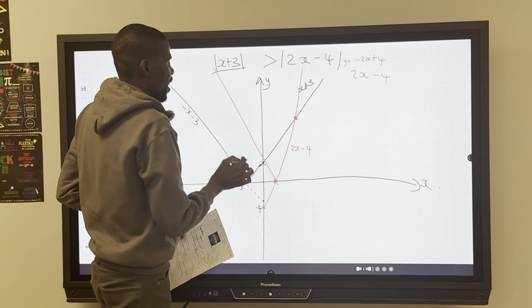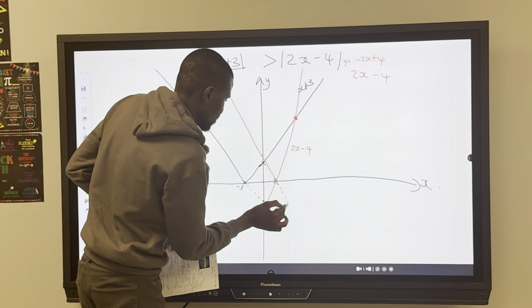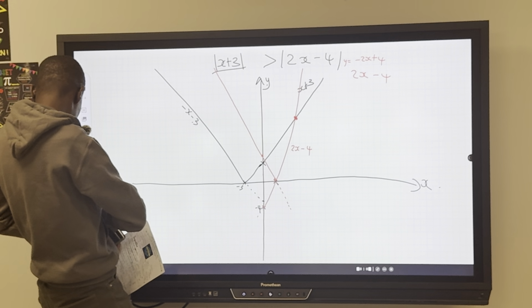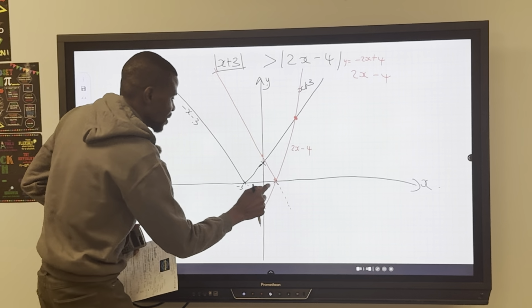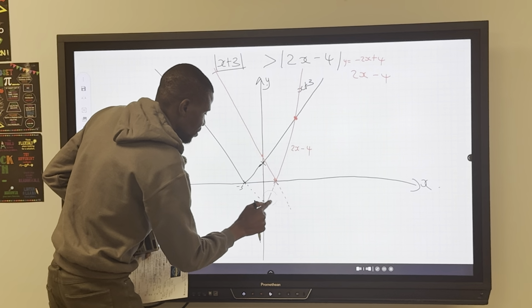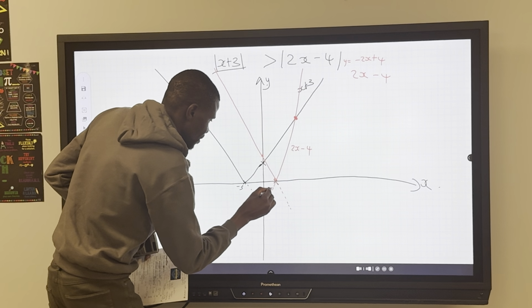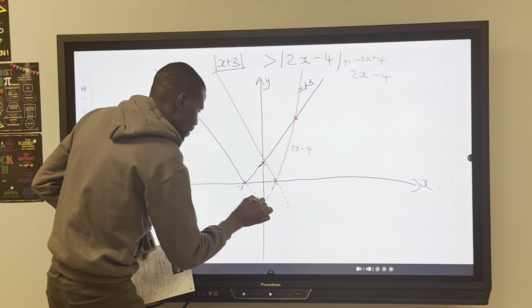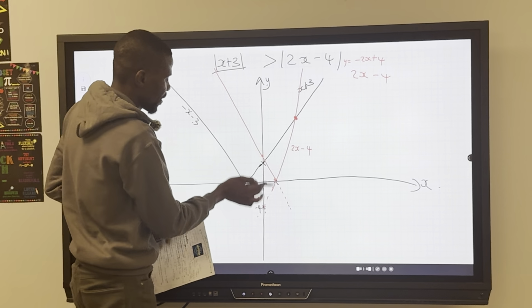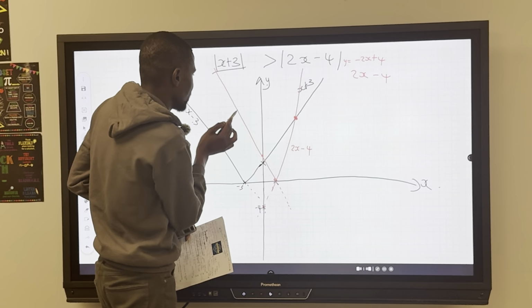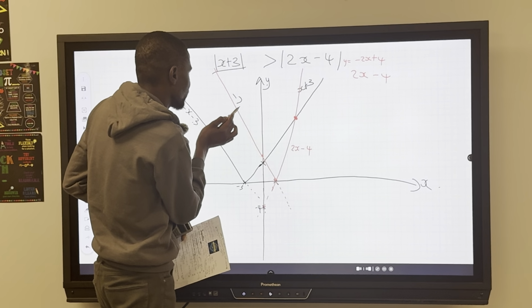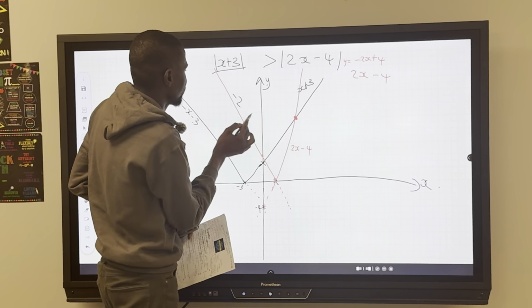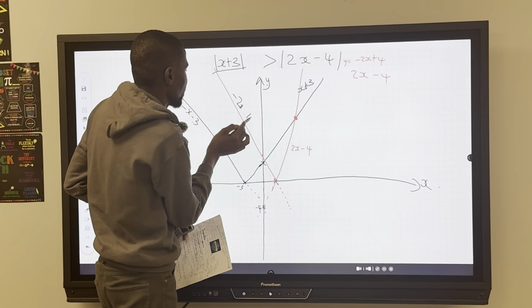All right, so since it's absolute, this one here is below this, so we just draw it like it's broken here, right? Okay, so now I have this other part here, which is now the negative of negative 2. It's now 2x, because I have 2x minus 4 and negative 2x plus 4.